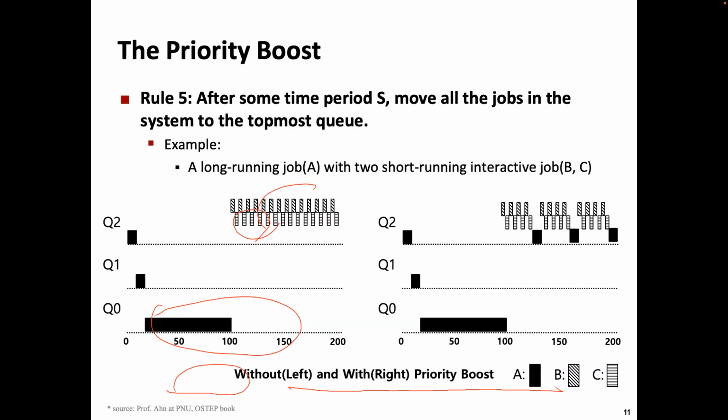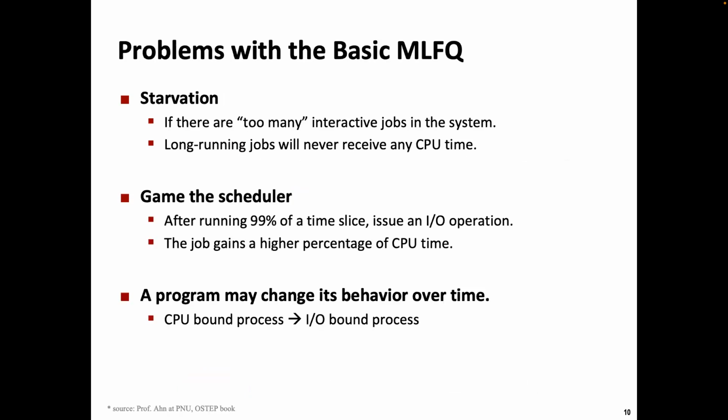Okay, let's see the example. So rule 5. We need to solve this kind of problem, starvation and gaming the scheduler and this kind of behavior.